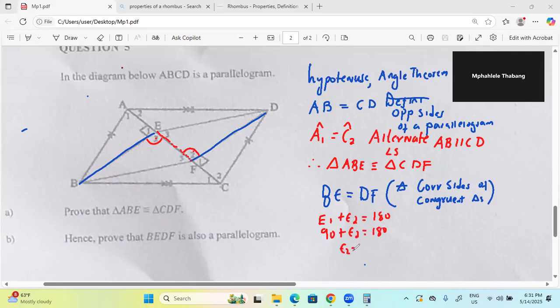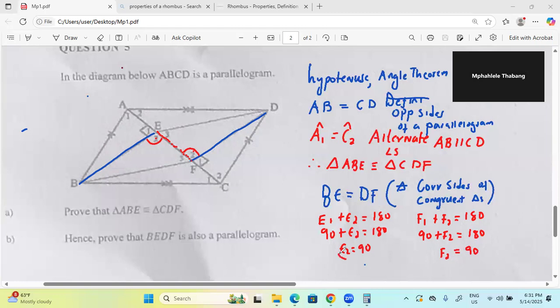E2 equals 90. So what about F2? We know that F1 plus F2 is 180, still angles on a straight line. We know F1 is 90, so 90 plus F2 equals 180, F2 equals 90.